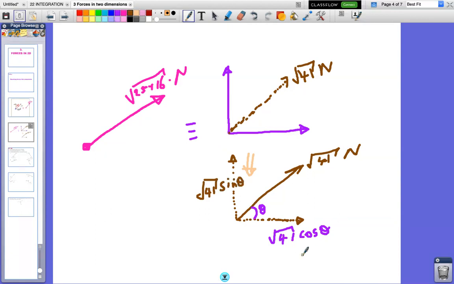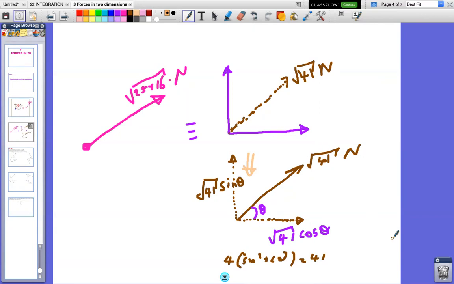You can always check that if you take this squared plus this squared, you should get this squared. This squared will be 41 sine squared theta, and this squared will be 41 cos squared theta, which is 41 into sine squared plus cos squared, which is 41, which is equal to that squared.